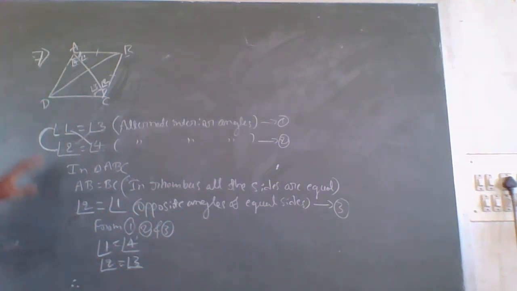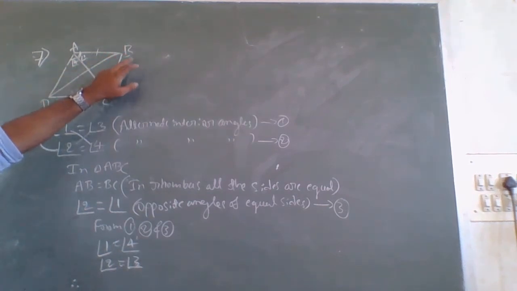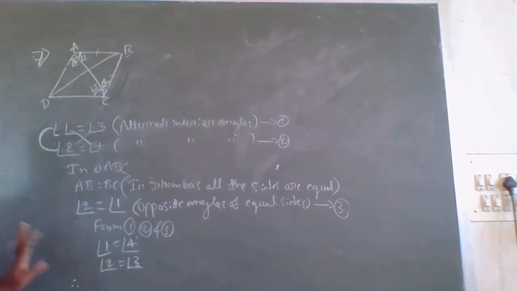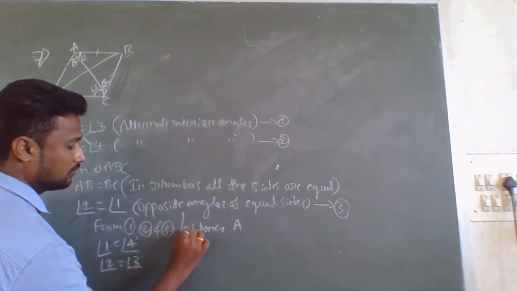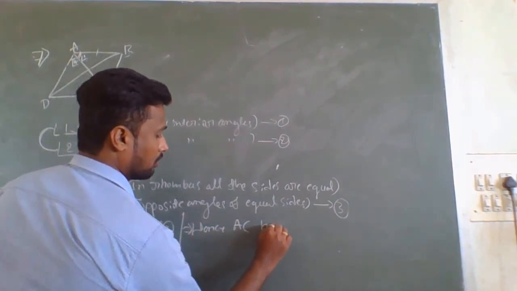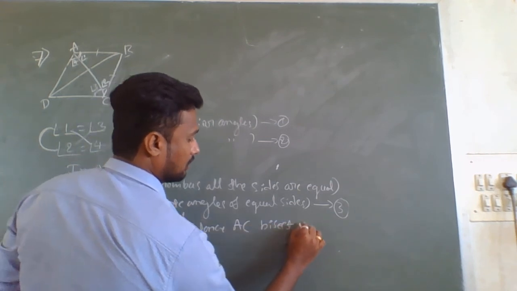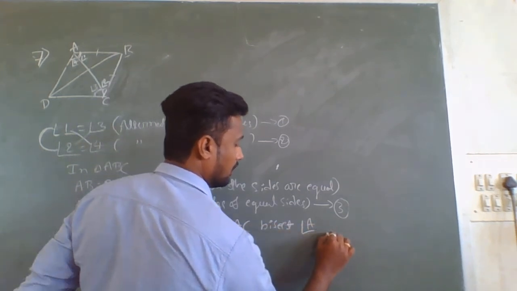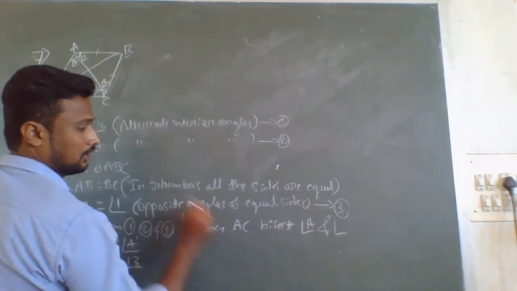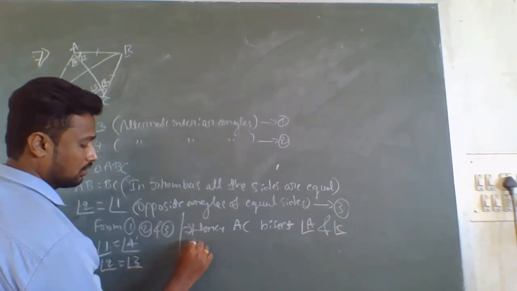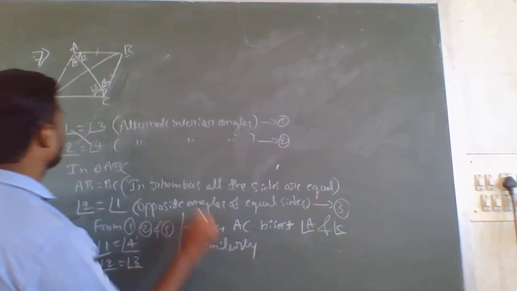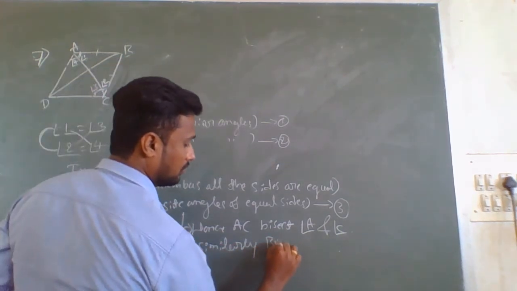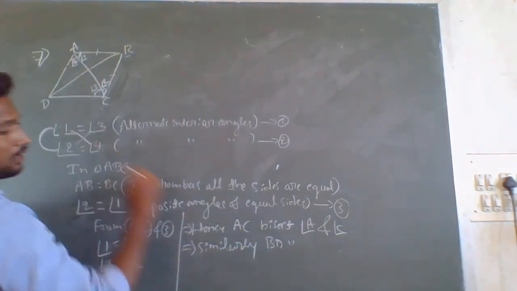Then you can write again BD bisects angle B as well as angle D. But here we proved AC bisects angle A and angle C. Here I will write directly, similarly BD bisects angle B and angle D.